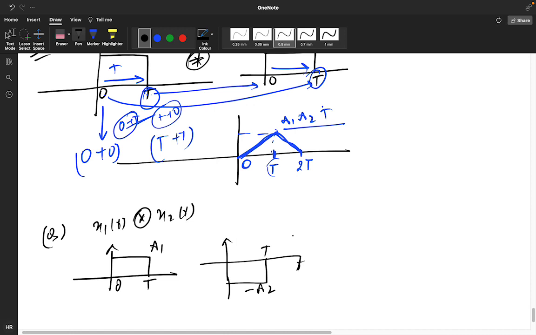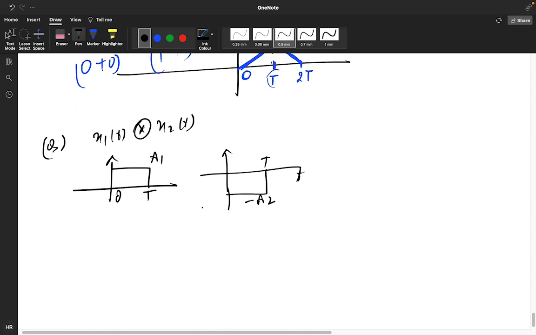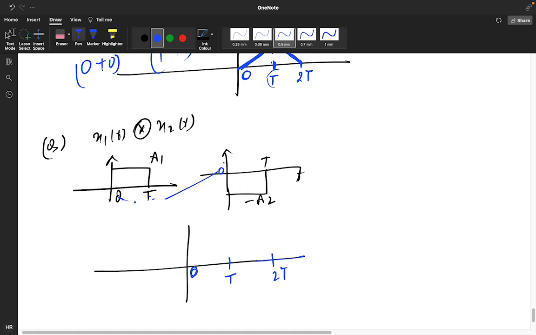So you don't have to worry about whatever the things is happening, they had shifted. You just have to see, this is the rectangular pulse, this is also the rectangular pulse. 0 plus 0, so 0. T plus t, 2t. 0 plus t, t. T plus 0, so t only coming.